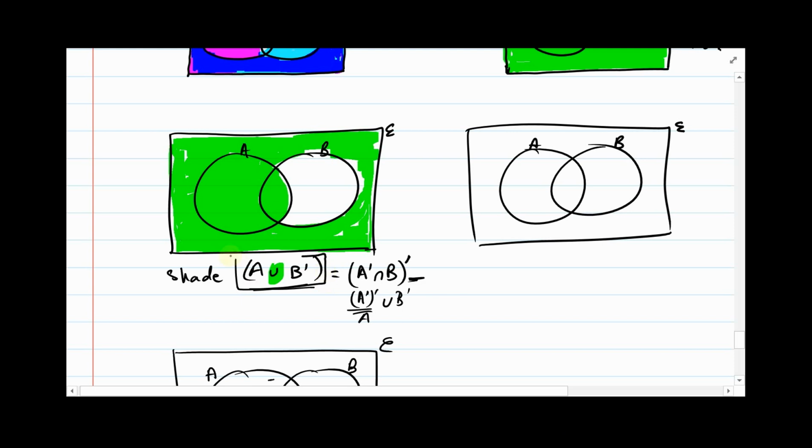But as I said, the question that I asked was to shade A union B complement.